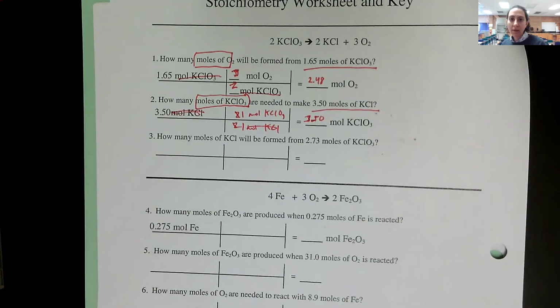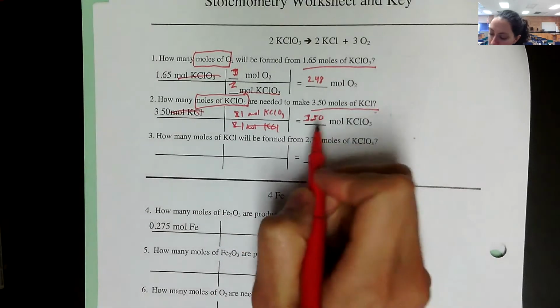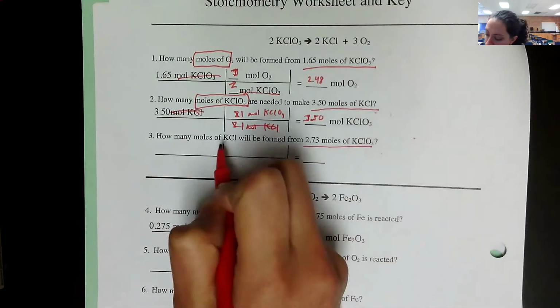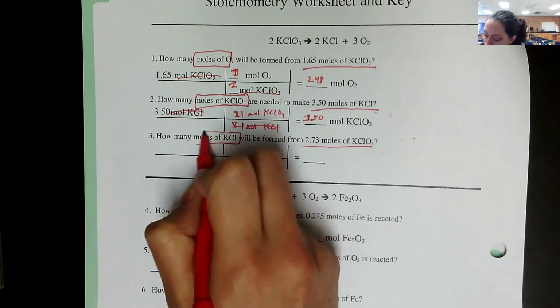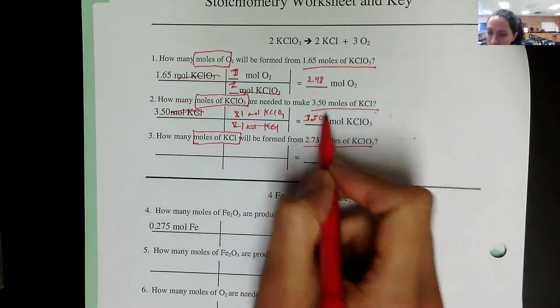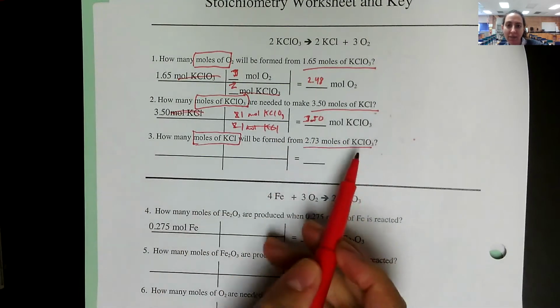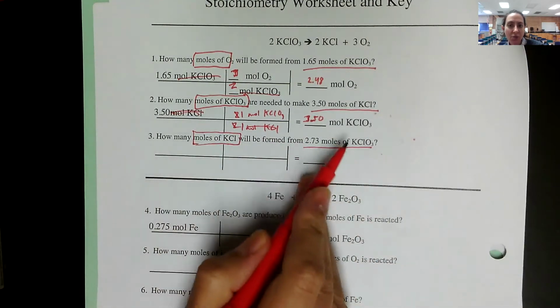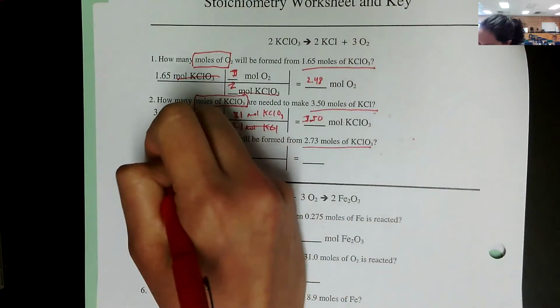All right, last one in this series. Let's go ahead and do it. How many moles of potassium chloride will be formed from 2.37 moles of potassium chlorate? Similarly to the previous problem, we are comparing potassium chloride and potassium chlorate. This time we're starting off with moles of potassium chlorate, so we're going to put that here in this part of the equation.